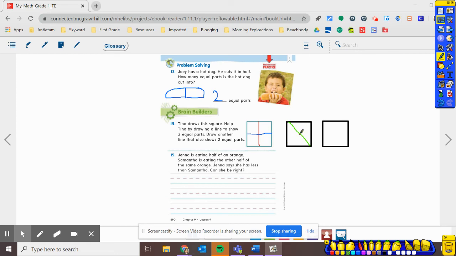Either way, you have 2 equal parts. And then the other way that I can do this is drawing a line from the other corners to connect, just the other way for the diagonal. So choose one of these ways and cut this square into half for Tina, into 2 equal parts.